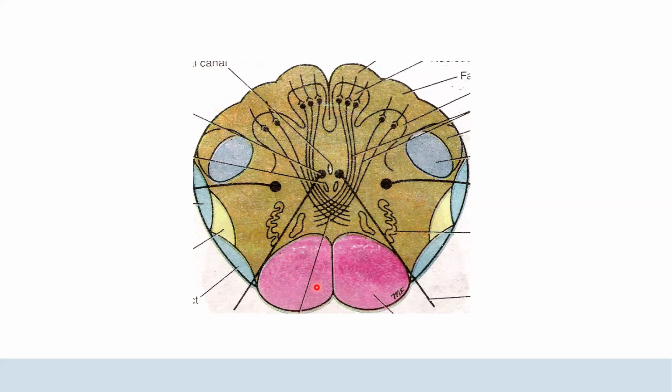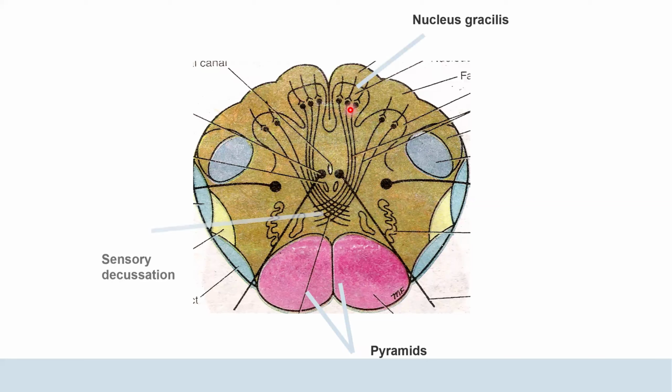Anteriorly, we said that within the medulla, we have our pyramids. Posteriorly, we have our nucleus gracilis and our nucleus cuneatus, where they are having their decussation. Okay? So the dorsal column tract, the medial lemniscus, at the lower part of the medulla is going to have its sensory decussation.